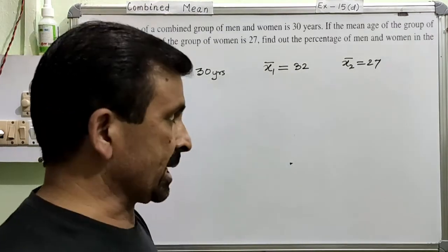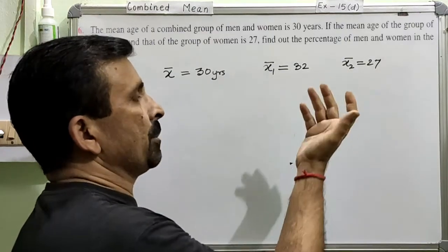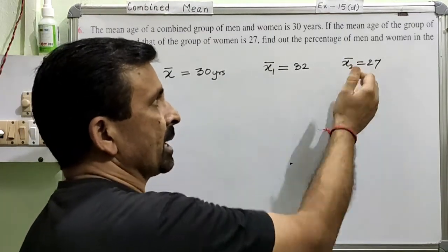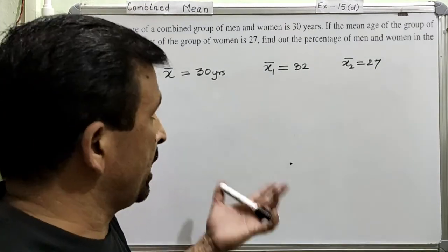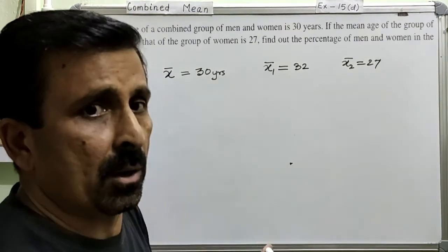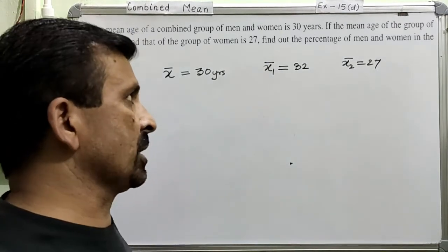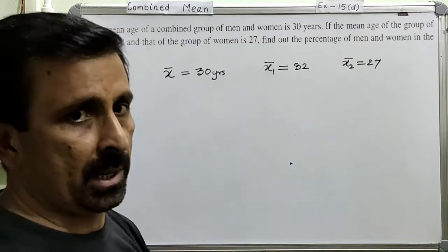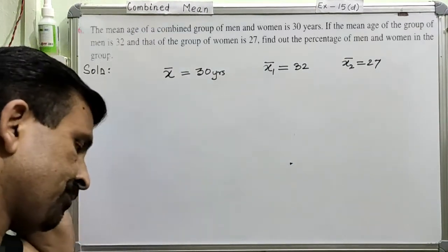That kind of question we have seen, but this time we don't have any number. We don't have the number of men, we don't have the number of women, and we don't have the total number either. In that case, we have to find out the percentage of men or women. Is it okay? So let us see how we can do this type of question.